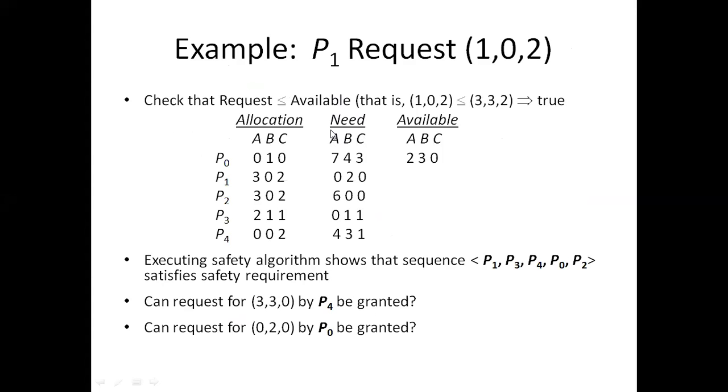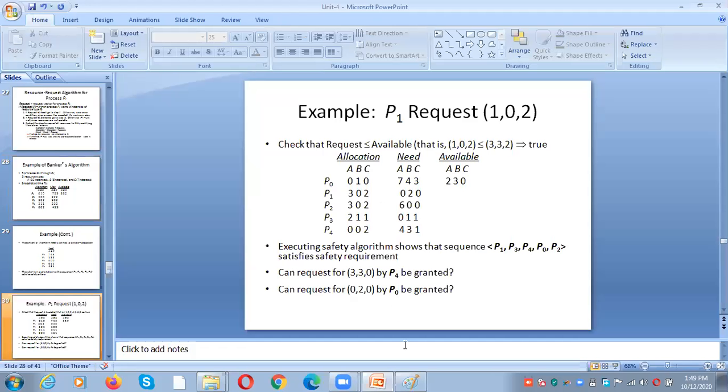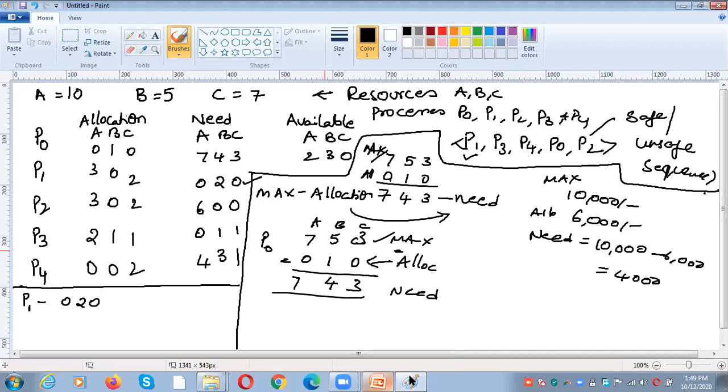We need not convert it. We need not subtract max minus allocation. Directly they have given the need. You need to observe the difference. We need not calculate max minus allocation like that.